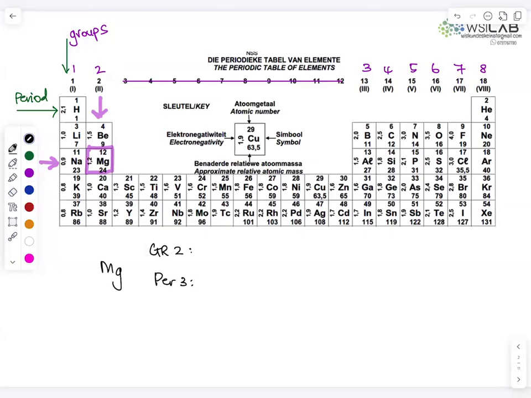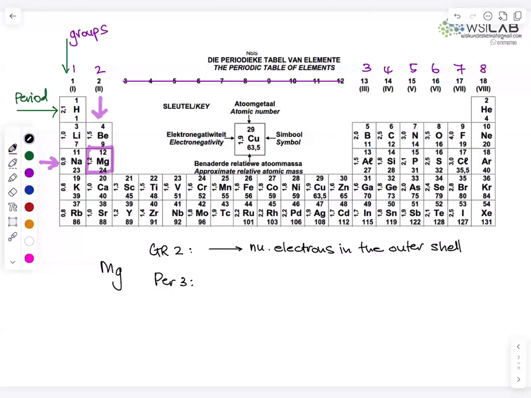Now, group two tells me the number of valence electrons. So this is the number of electrons in the outer shell. Maybe you don't know what that means yet, but just remember that. So group 2 gives me the number of electrons in the outer shell.